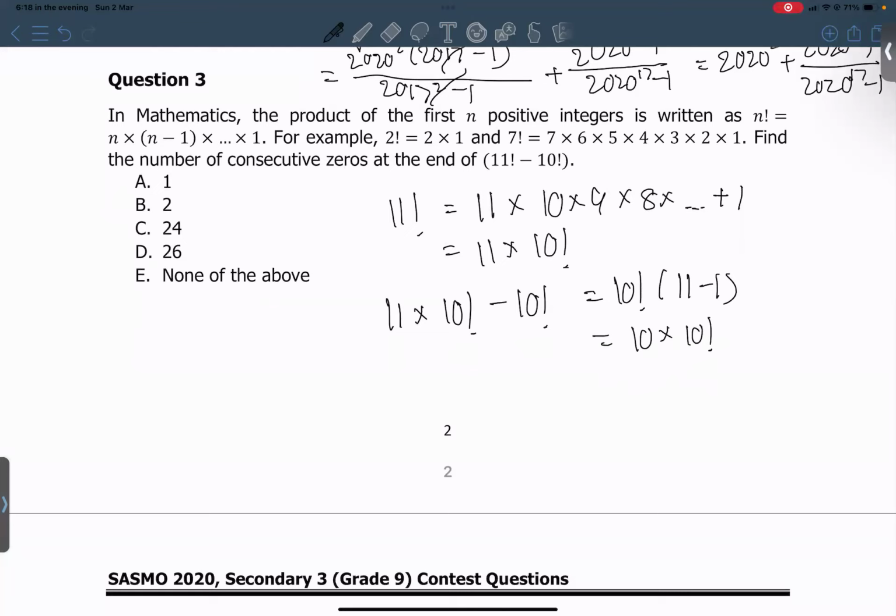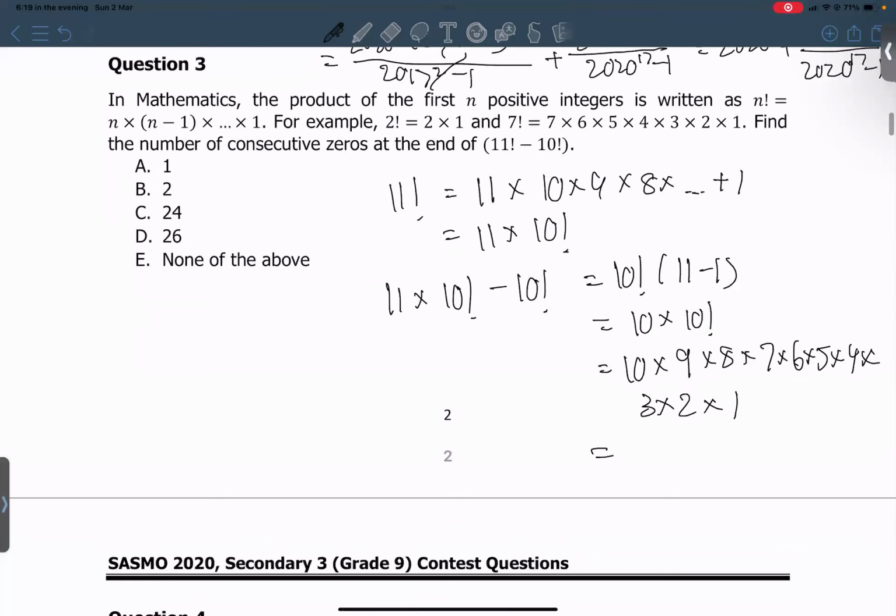So in 10 factorial, you can expand it and you'll get 9 times 8 times 7 times 6 times 5 times 4 times 3 times 2 times 1. Okay, sorry, hold on.